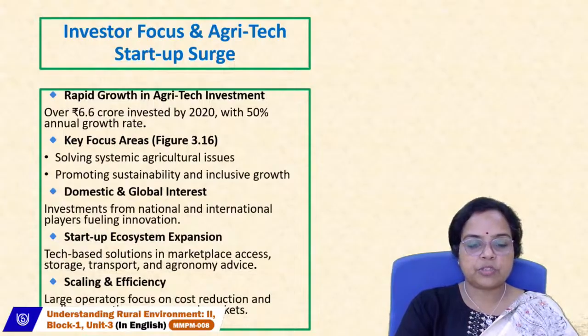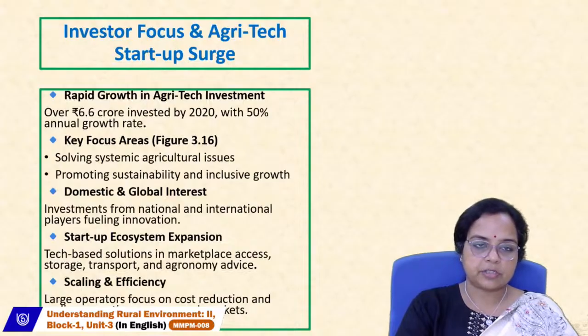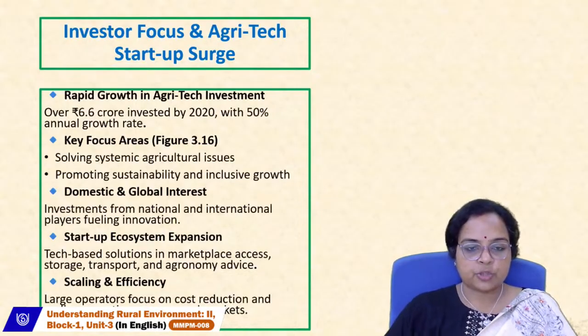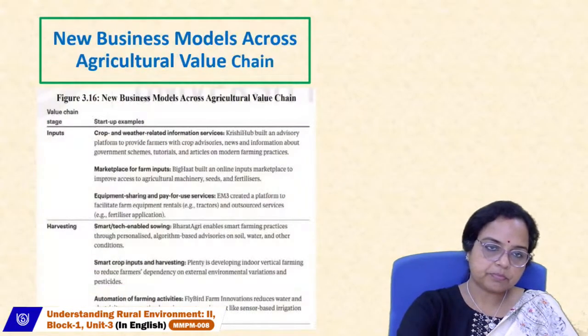Large-scale operators focus on cost reduction and scaling operations across rural markets. That means slowly rural areas are getting exposed to all urban area activities, let it be investor focus or agri-tech startup companies in the rural belt.